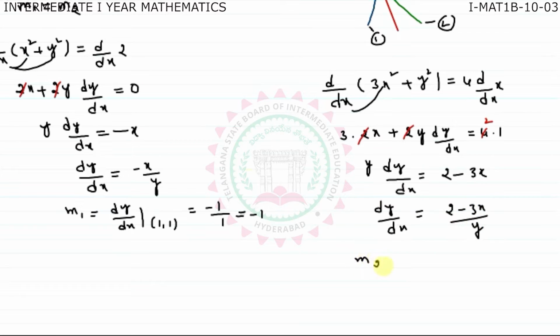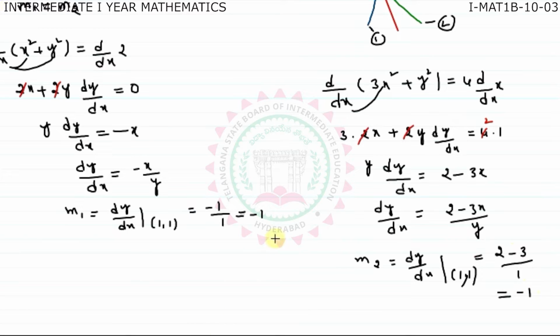This is m2. m2 is equal to dy by dx at (1, 1). So on simplification, 2 minus 3 into 1, divided by y which is 1. 2 minus 3 is minus 1, by 1 means minus 1.